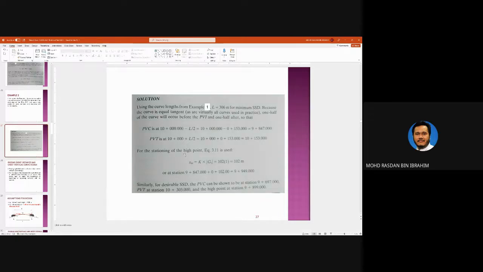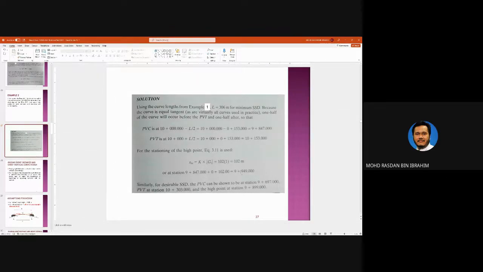So the high point or low point. This is last week's formula. The value of K is 102 and G1 is 1%. That is 102 meters, so at station 9 plus 847 plus 102. Station PVC here plus 102 meters.